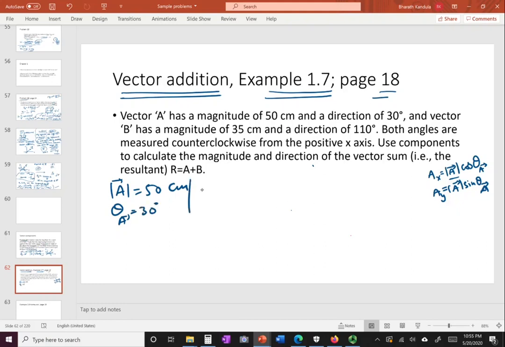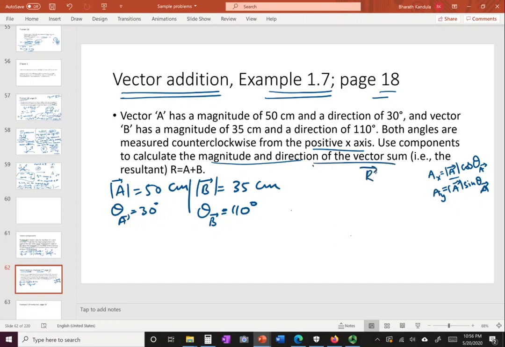Vector B has a magnitude of 35 centimeters and the direction of 110 degrees. Both angles are measured counterclockwise from the positive x-axis. Use components to calculate the magnitude and direction of the vector sum.